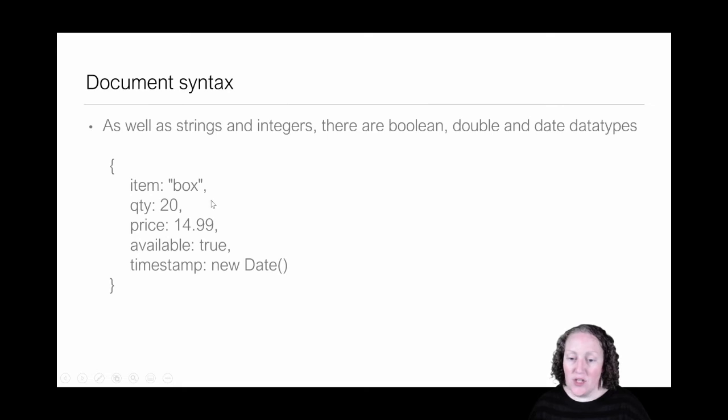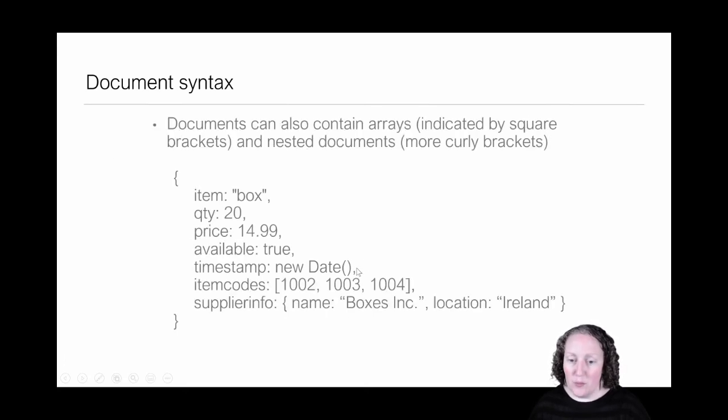As well as strings and integers, there are other number types like double and float and so on. We also have Boolean values and dates as well. That's all similar enough to what you've seen in MySQL. But a couple of additional options that we have here are arrays and subdocuments.